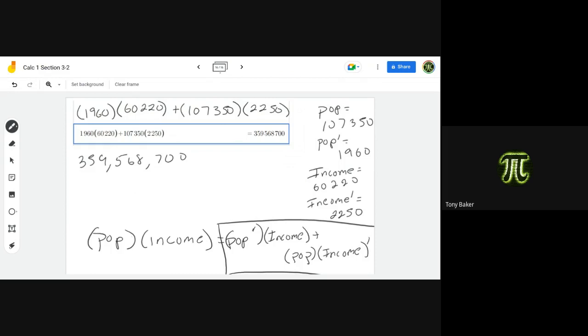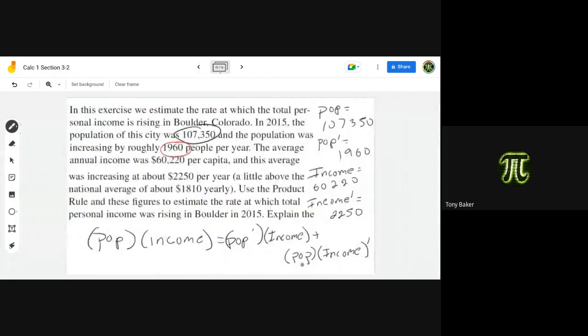So what is that? What does that number mean? That's the rate of change. That's roughly how much money it's gone up in Boulder, Colorado from 2000 to 2015.